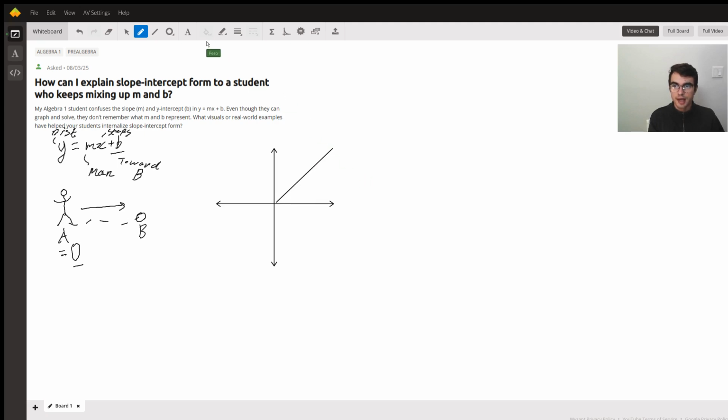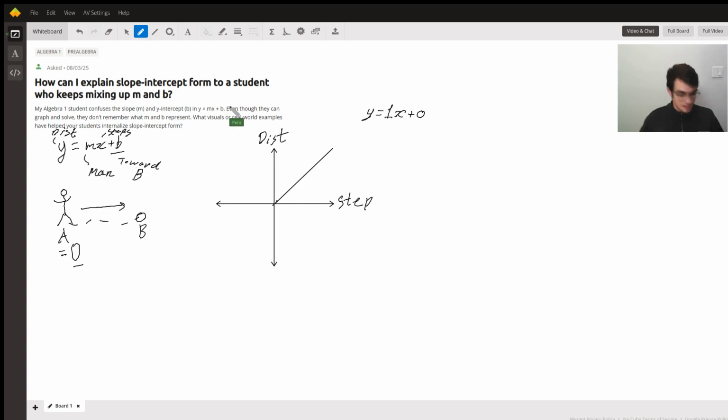So for every step he takes, he is moving 1 unit of distance. So for every X, he's moving 1 Y. So here we have Y is equal to 1 step, because this is a normal size man, so 1 is the size of a man. Y is equal to X plus 0, because we're starting to measure him at 0 here.